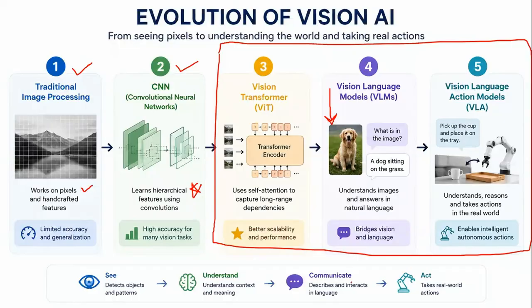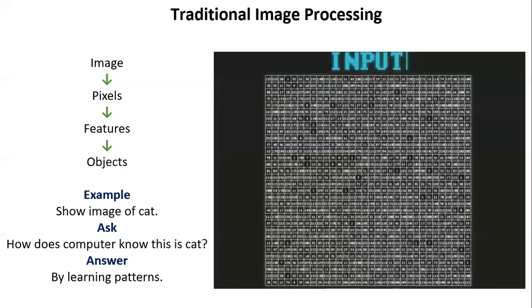So now let's move on. As everyone knows, traditional image processing, how it does it. For non-CS background participants, I would like to share here. In traditional image processing, we have to give input as an image. The image is divided into n number of pixels.